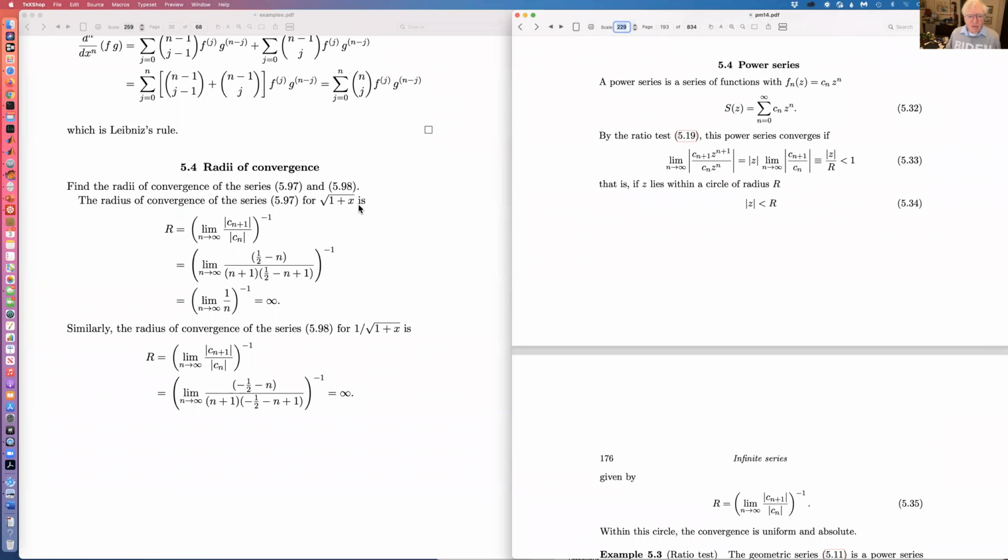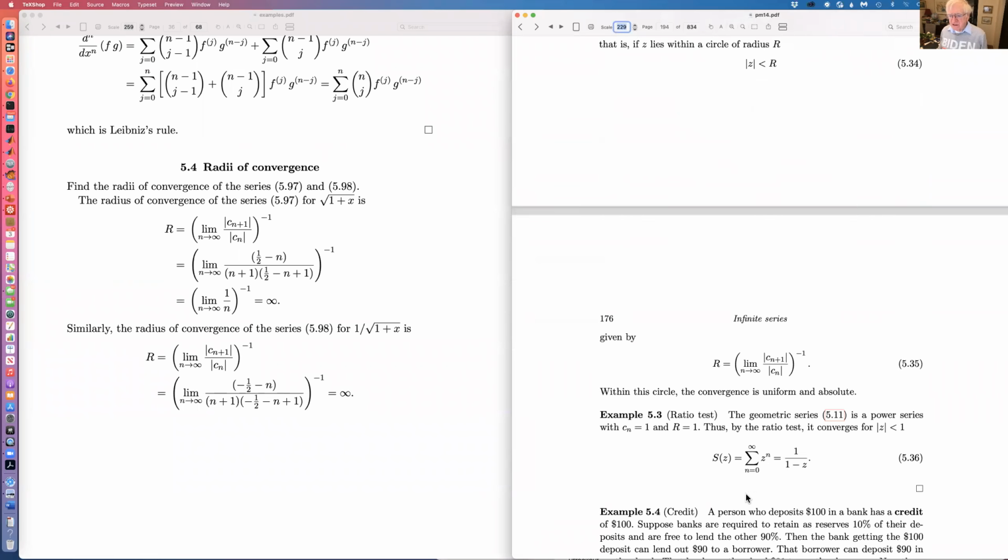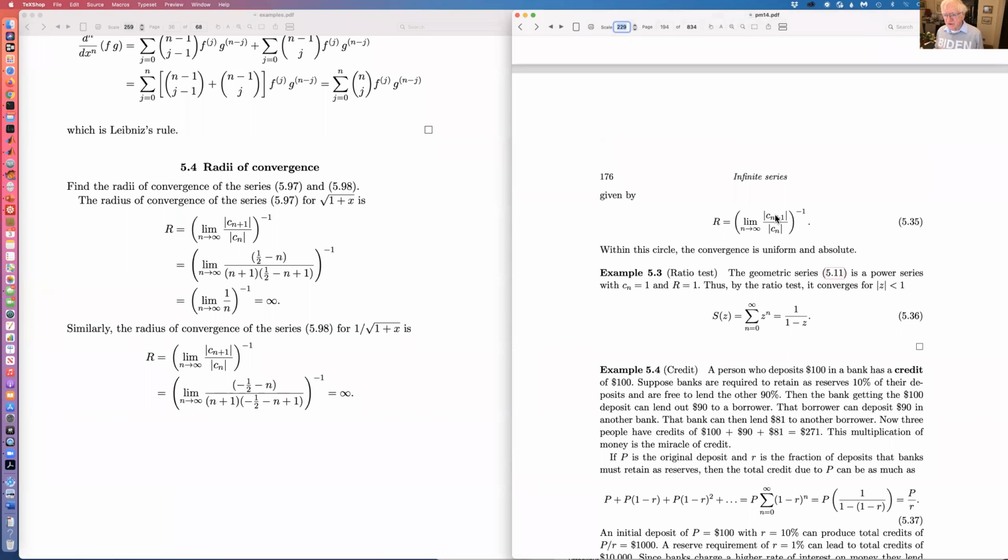Since these are both power series, for power series you apply the ratio test, and then you get this expression: the radius of convergence is the limit as n goes to infinity of the n plus first coefficient divided by the nth coefficient, and then you take the inverse of that limit.